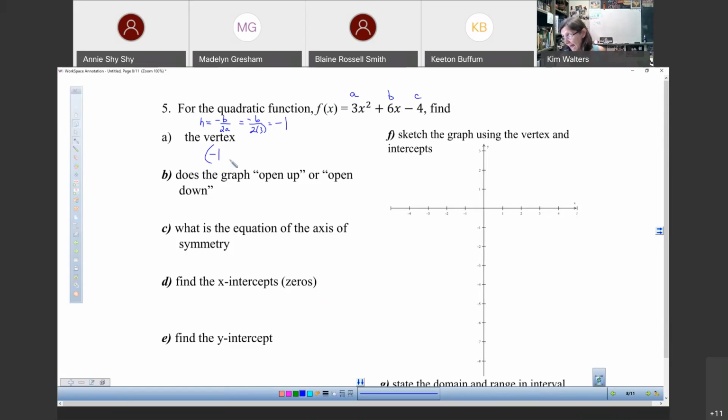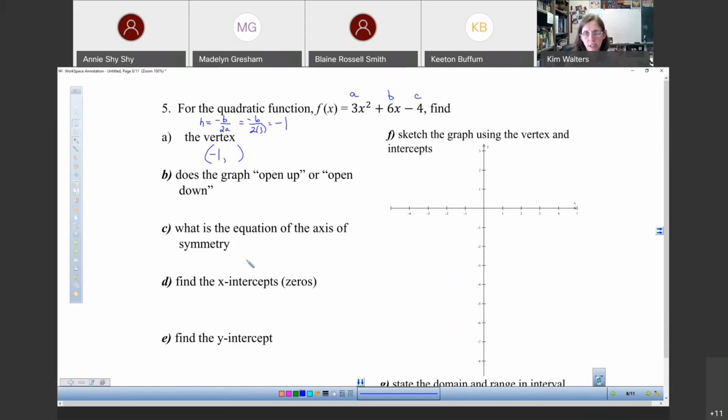So I'm going to ask you now, how do you think you would find the second part of the vertex? I'm open to suggestions. There is an ugly formula. It's gross, it's horrible, I don't even know what it is. So we're not going to use the formula.